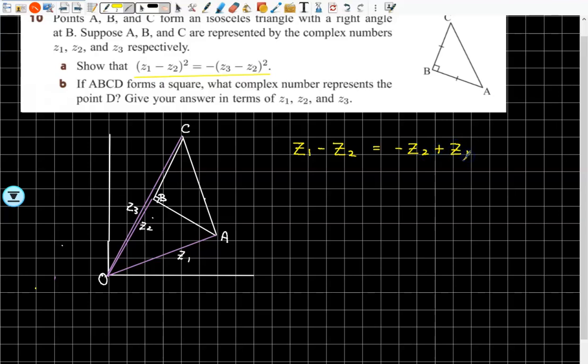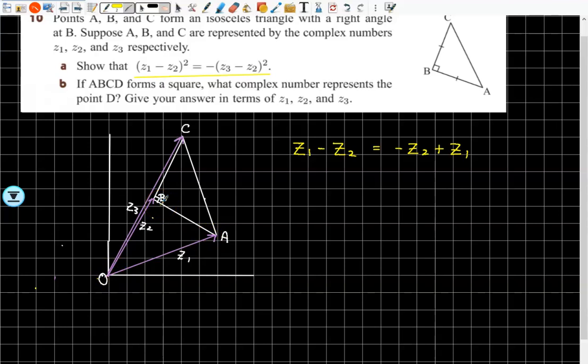Z1 is O to A, Z2 is O to B, Z3 is O to C, and so if I'm going minus Z2, it's going here, BO, and then OA. So what would you say minus Z2 plus Z1 is? B to A. Would we agree?